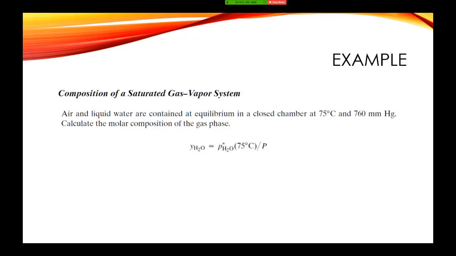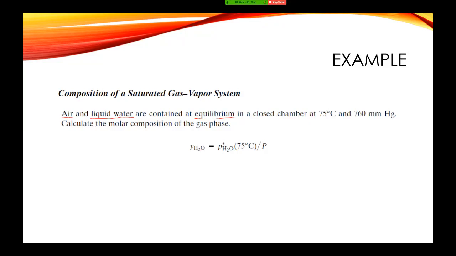We said that dry air, just oxygen and nitrogen, can't be condensed, but water can. If they're at equilibrium, it means that the air is completely full of water, saturated with water. So we can use Raoult's law.